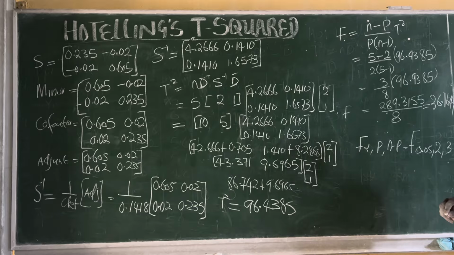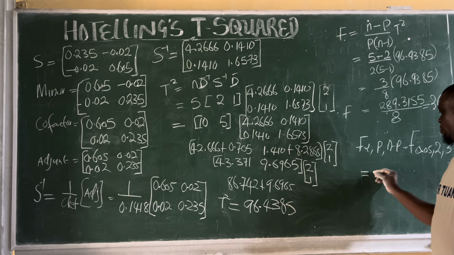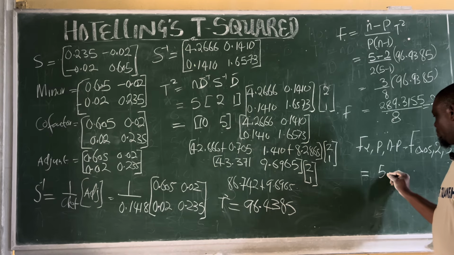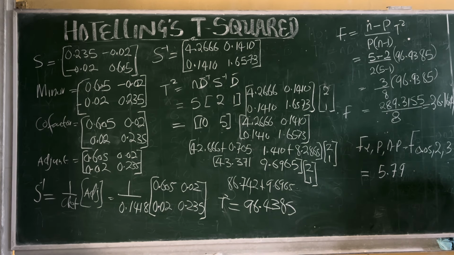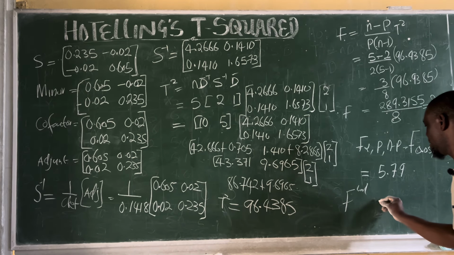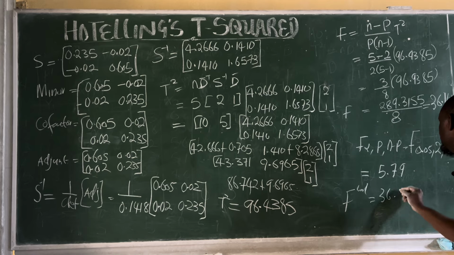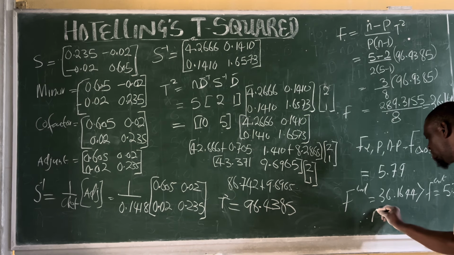So if we look at the F table, 0.05, 2 under 3, the value is equal to 5.779. So what are we doing? We are comparing the computed value, which we call our F calculated, which is 36.1644, and that value is greater than the F critical, which is equal to 5.79. Therefore, we reject the null.